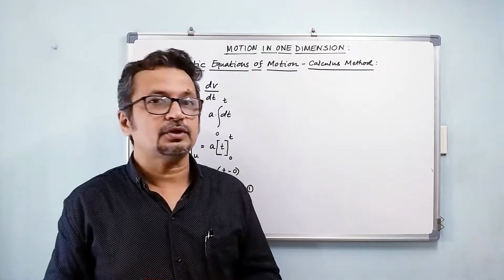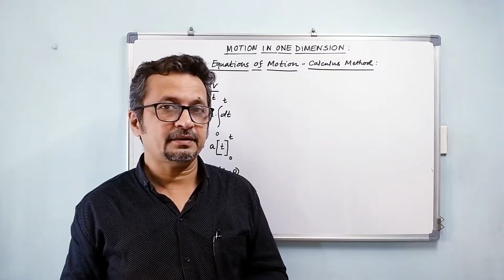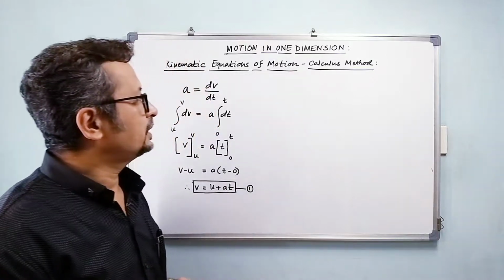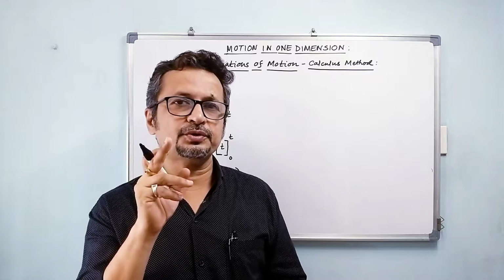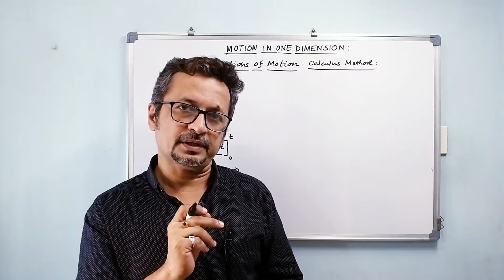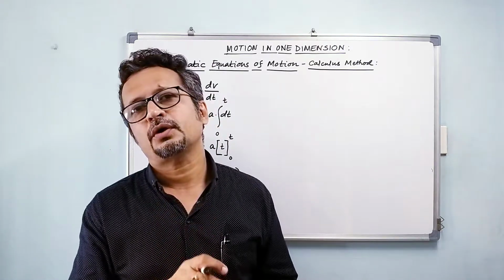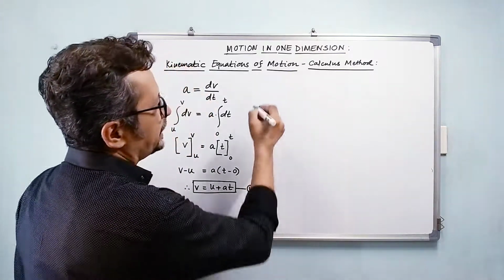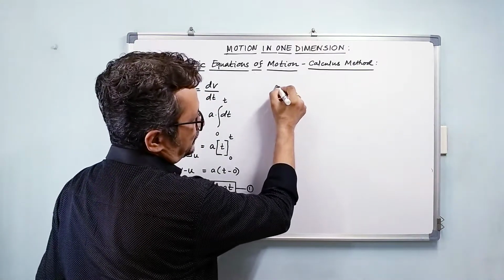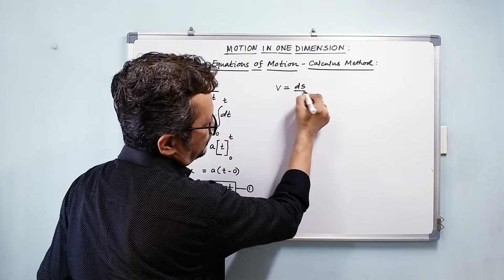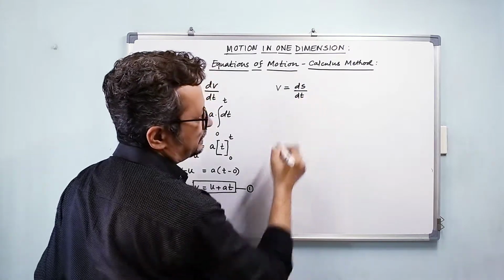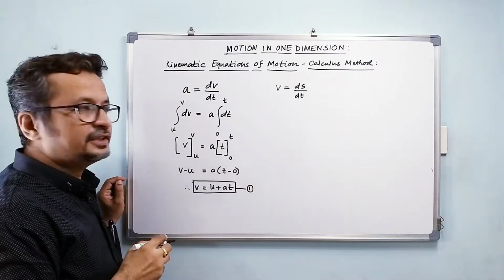Now what about the second kinematic equation? What was the equation? It is s is equal to ut plus half at square. So how do we do that? My v is equal to ds by dt, the rate of change of displacement.